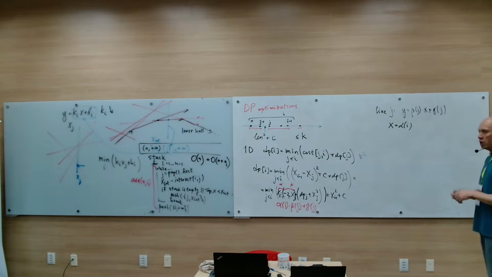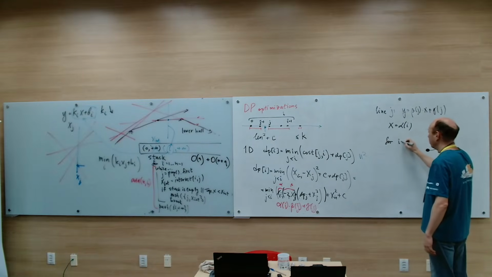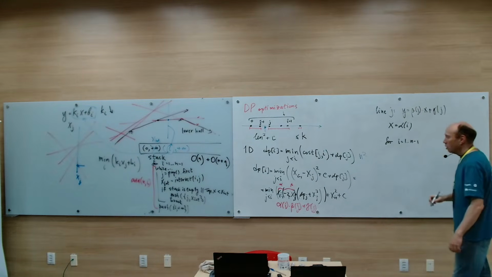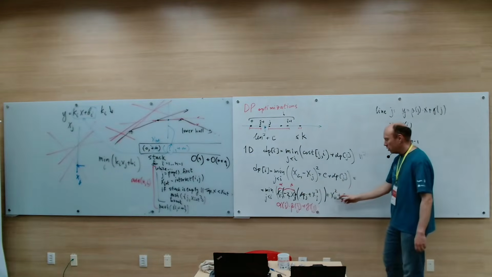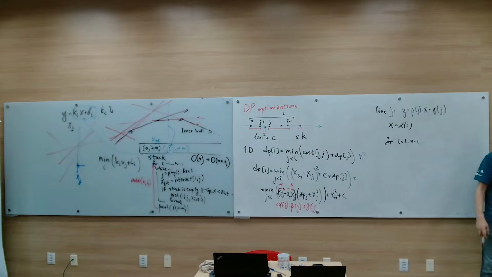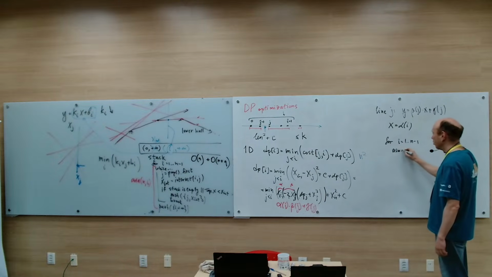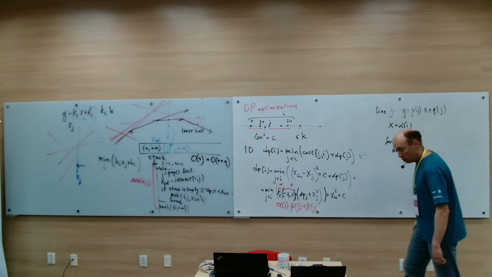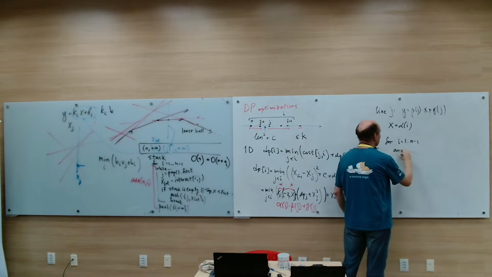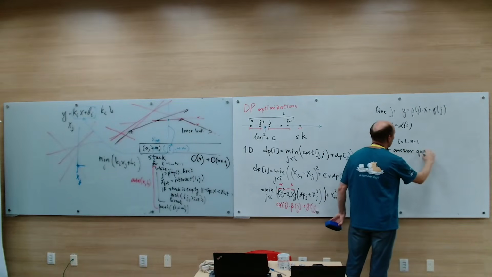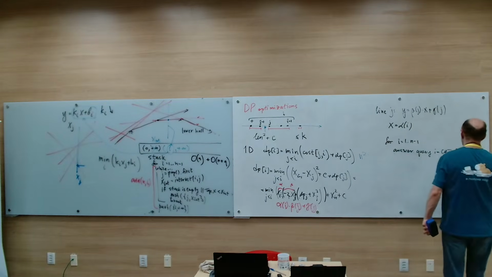So the organization of the code would be this. So i from 1 to n minus 1. What do we do? First, we must solve this problem to find the optimal value. So we answer the query for x_i minus 1.